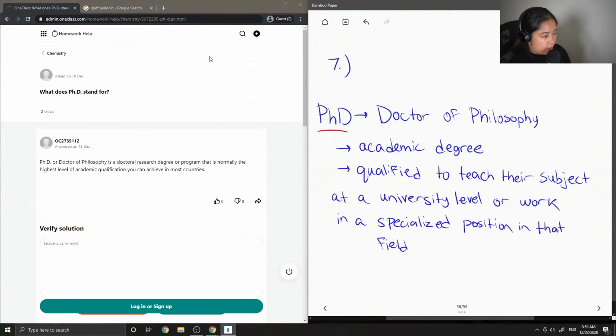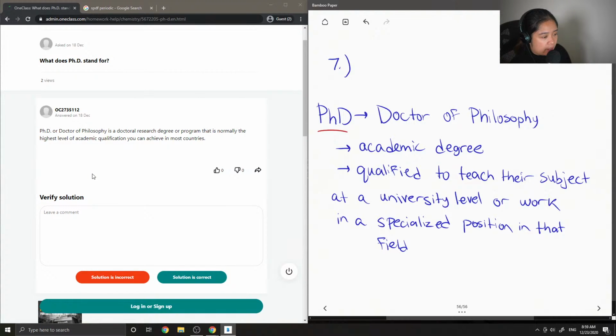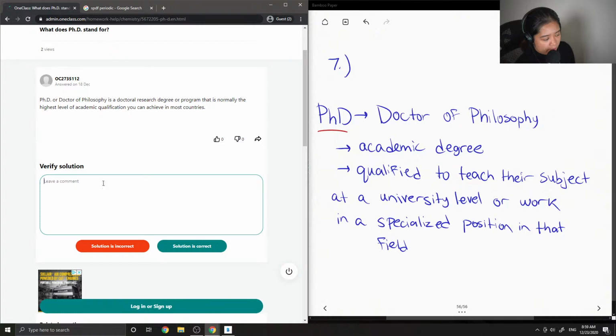Okay, so the junior tutor said that a PhD or a Doctor of Philosophy is a doctoral research degree or program that is normally the highest level of academic qualification you can achieve in most countries. Yep, so this solution is correct.